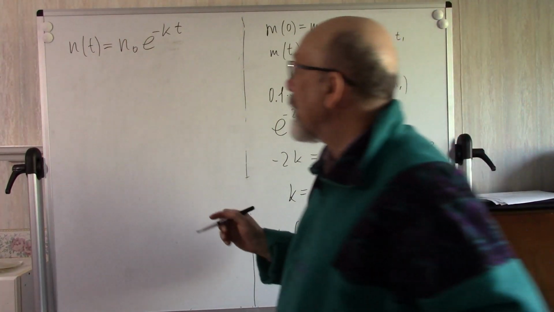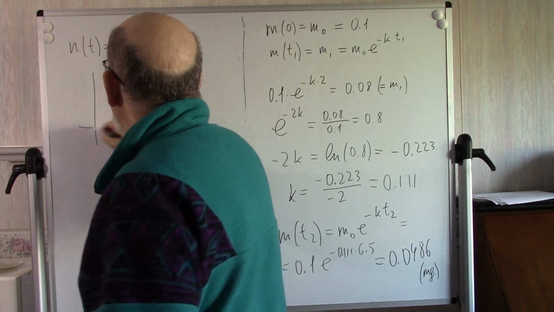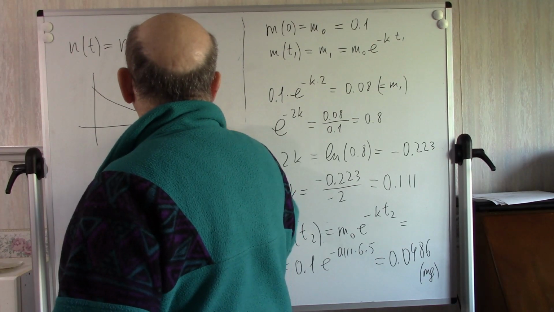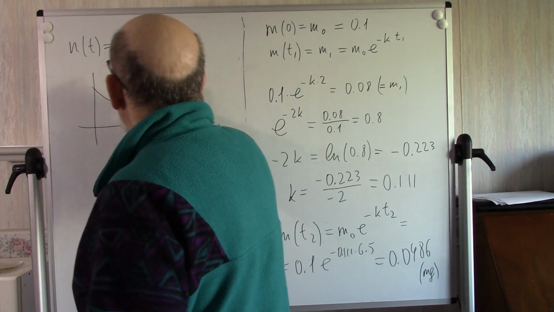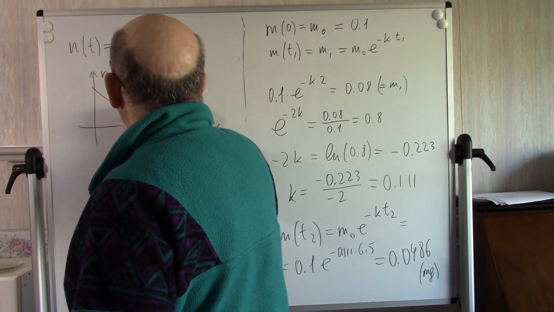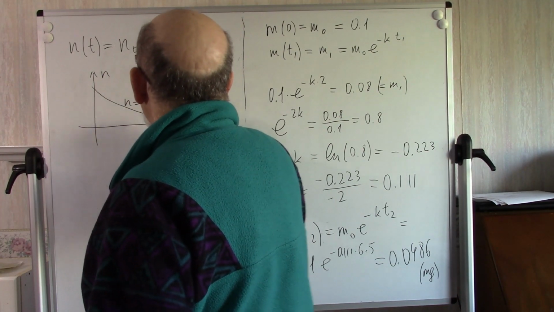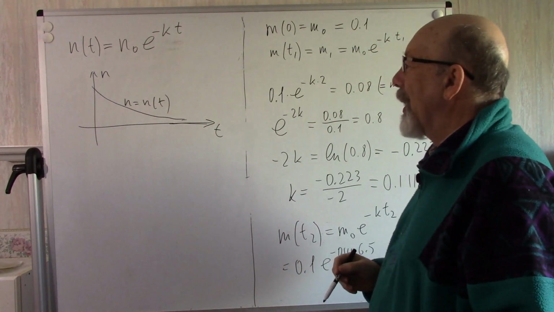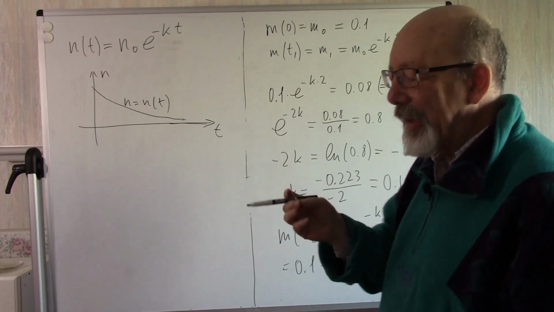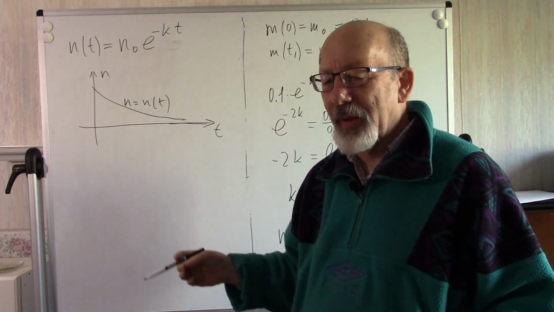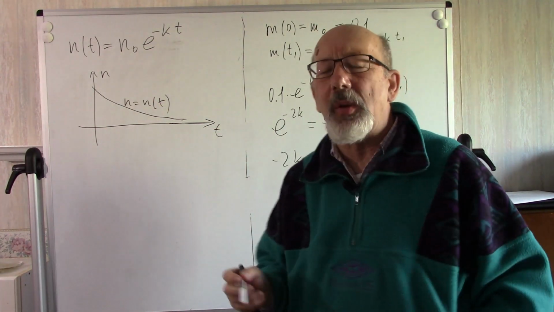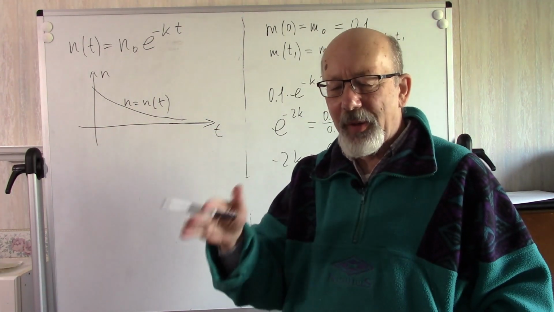The graph of this exponent is a very familiar graph. So this is t, this is N. N equals N of t. This is the graph of this function. Now, looking at this graph, if you have experimental points here, how can we say, is it an exponent or some other decreasing function?